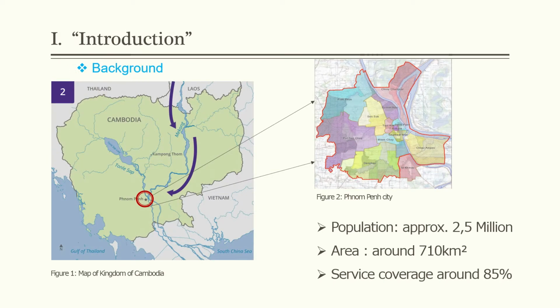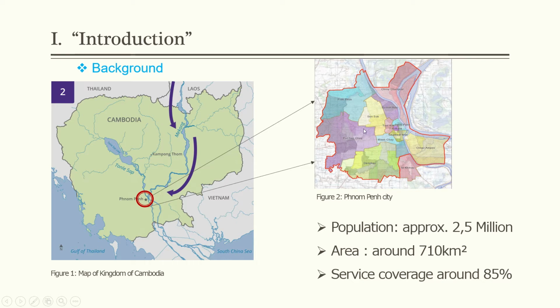For the first point, introduction, background. On the left side is the map of the Kingdom of Cambodia, and this is Phnom Penh city. Cambodia is surrounded by Thailand, Laos, and Vietnam.